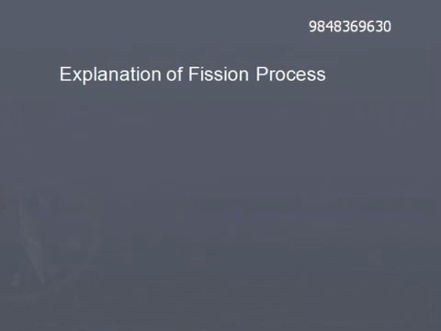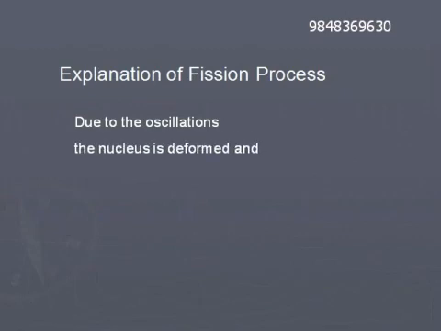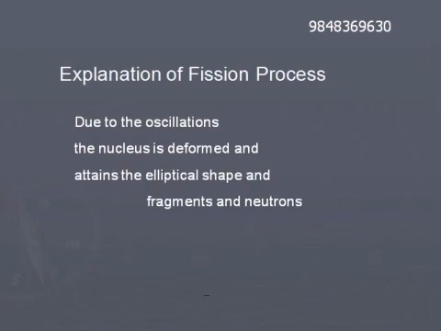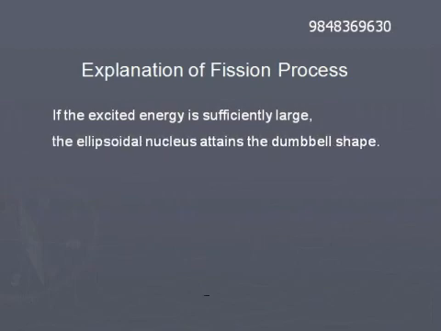As a result, oscillations are set inside the nucleus. Due to the oscillations, the nucleus is deformed and attains an elliptical shape and then breaks into fragments and neutrons. If the excitation energy is sufficiently large, the ellipsoidal nucleus attains the dumbbell shape.